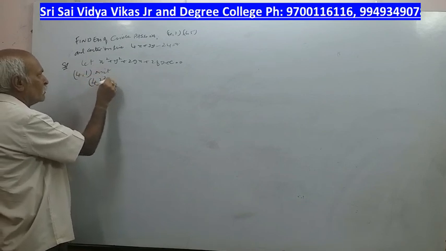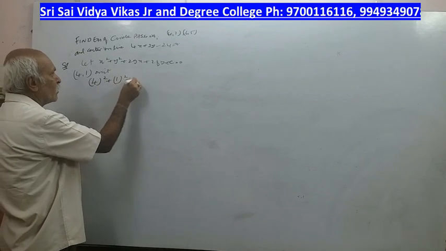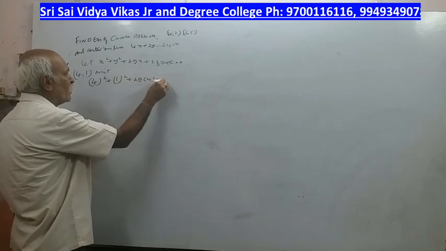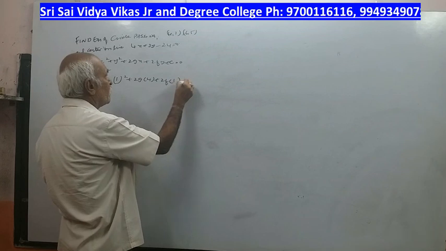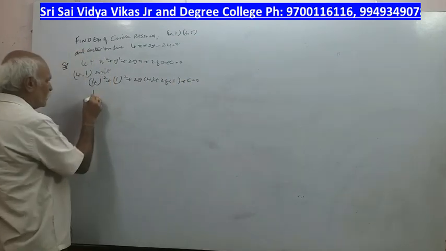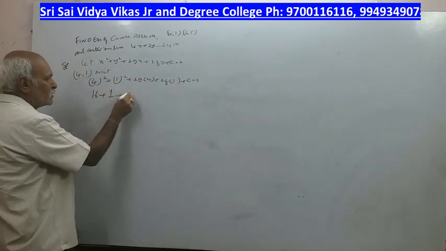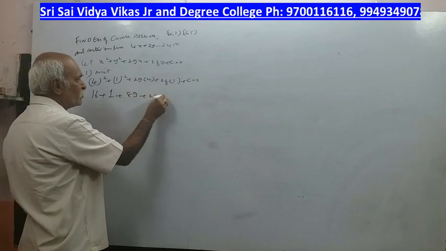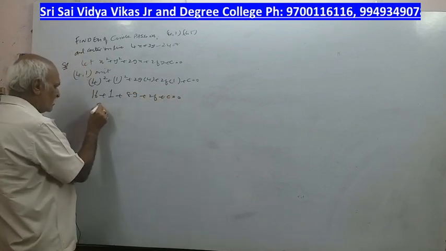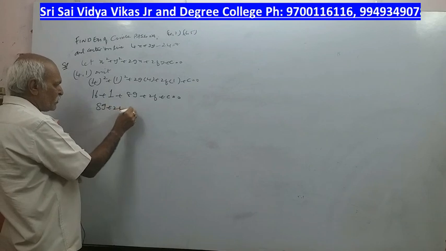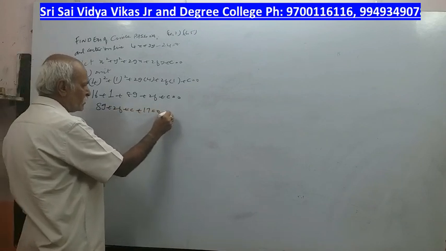So 4 square plus 1 square plus 2g into 4 plus 2f into 1 plus c is equal to 0. 16 plus 1 plus 8g plus 2f plus c is equal to 0. 8g plus 2f plus c plus 17 is equal to 0.